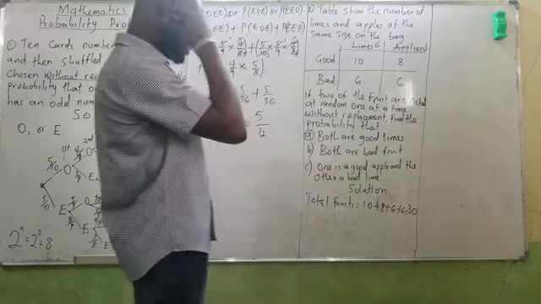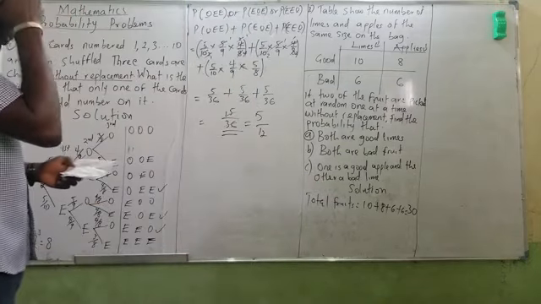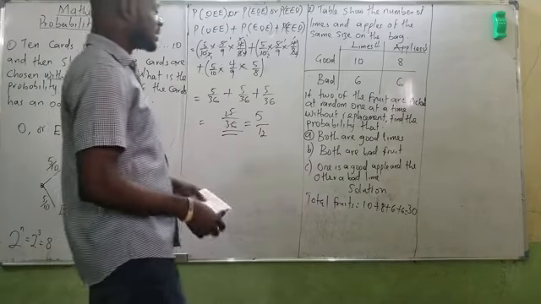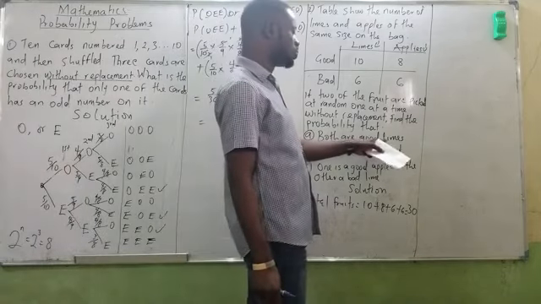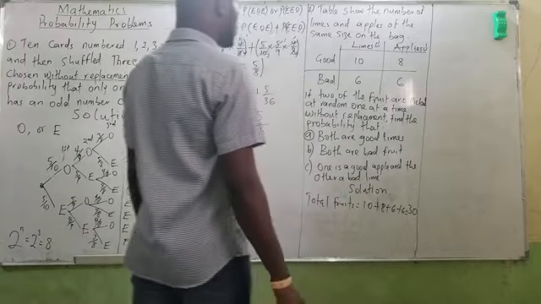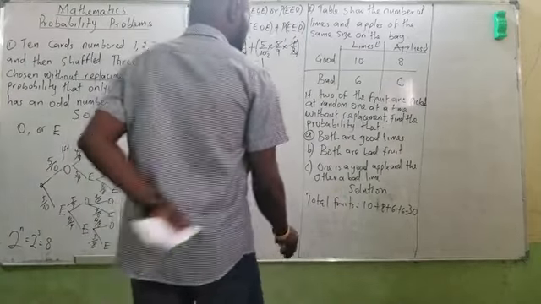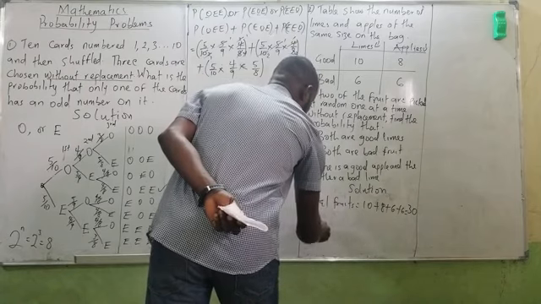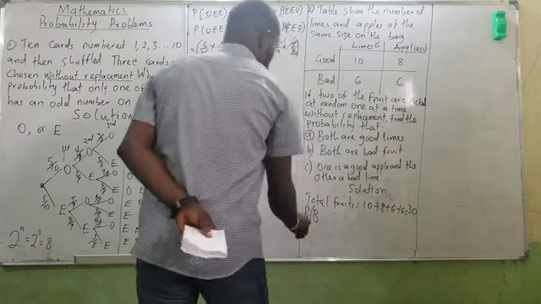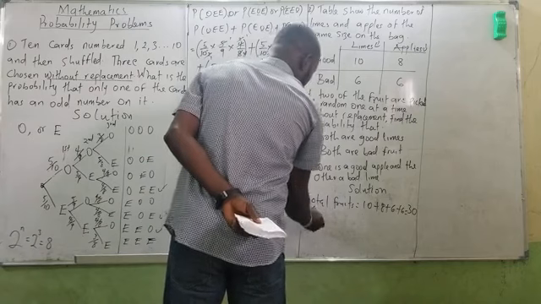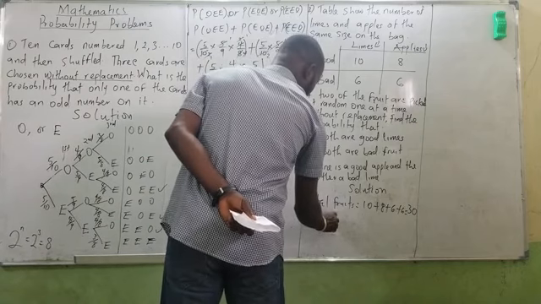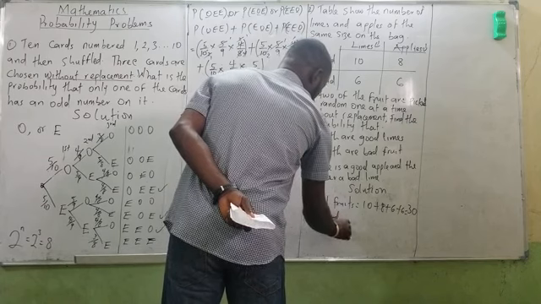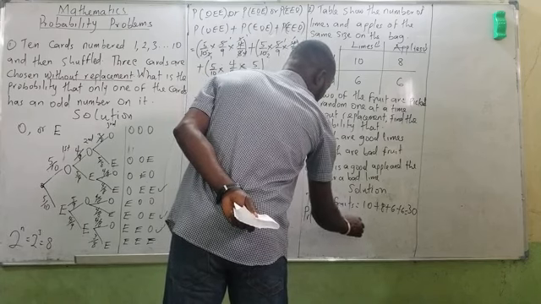Since I've done that, the next thing I need to do is the probability. The question says that both are good lines. It means I'm talking about probability of good line and good line.